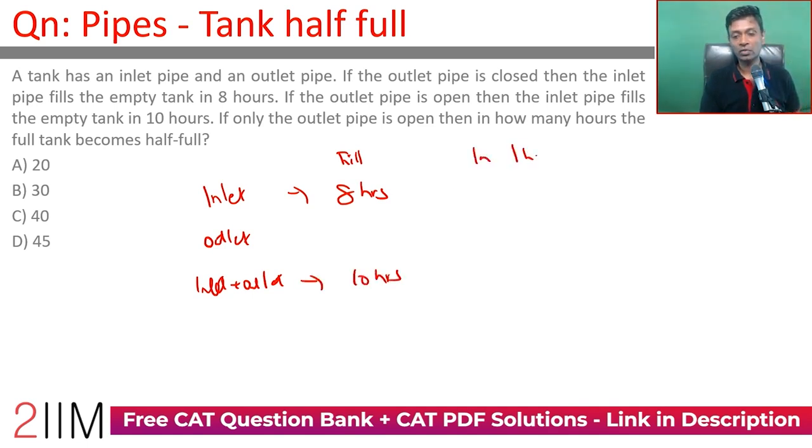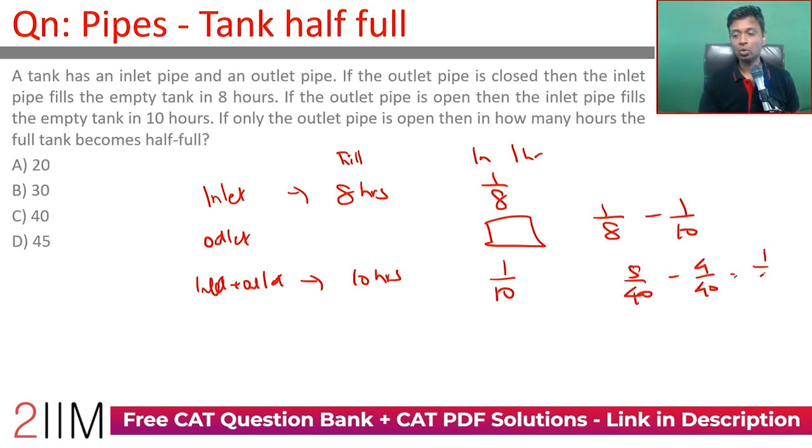Or in 1 hour, the inlet pipe can fill 1 by 8, but is able to fill only 1 by 10. Or the outlet pipe takes away 1 by 8 minus 1 by 10, 5 by 40 minus 4 by 40, or 1 by 40. In 1 hour, the outlet pipe takes away 1/40th of the tank. Or to drain an entire tank, the outlet pipe will take 40 hours. So far so good. The answer should be 40.